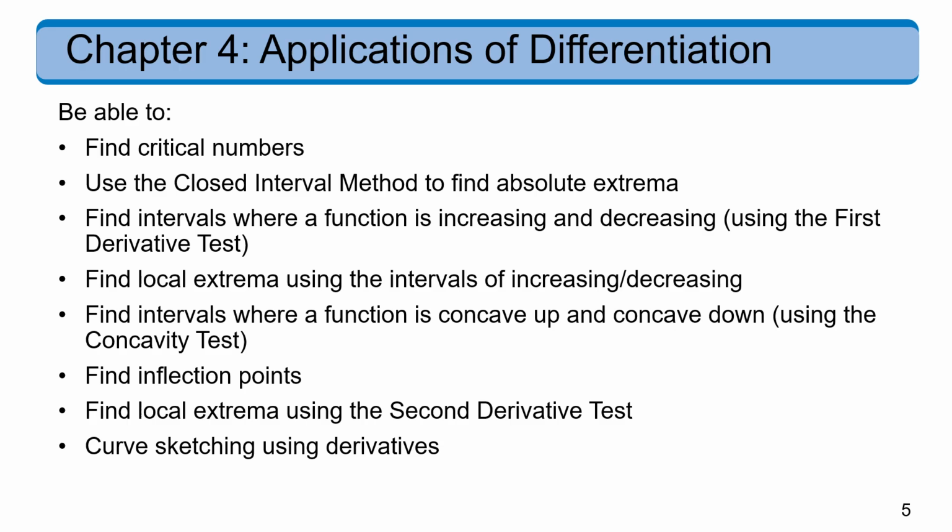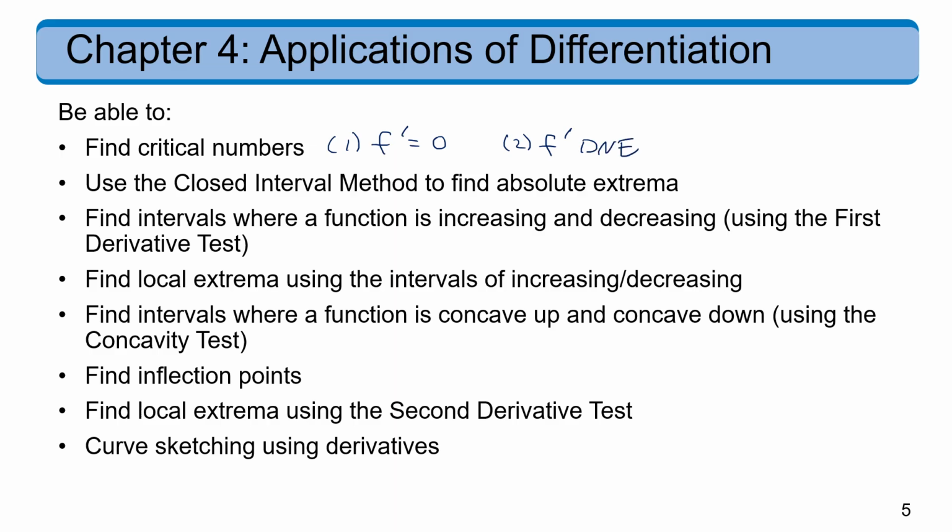So one thing you need to be able to do is find critical numbers. Right, so the specific method for that is take your function, compute its derivative, and then you have to look at 2 situations: where f prime is equal to 0, and any points that make the derivative undefined.